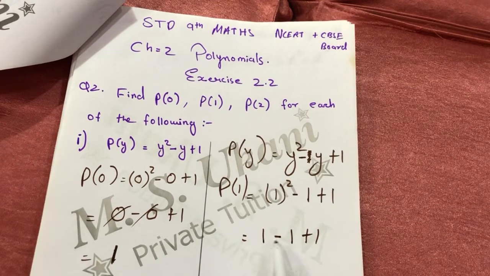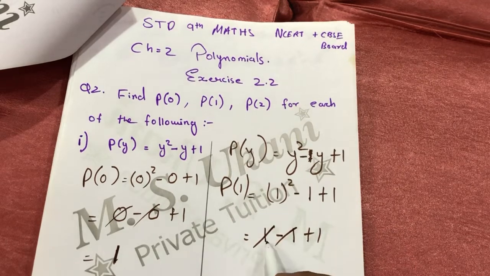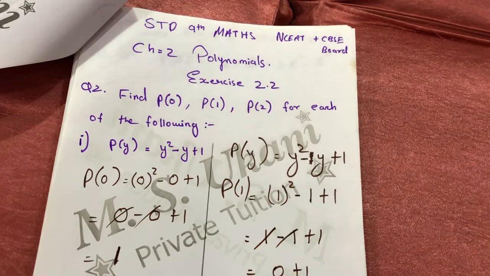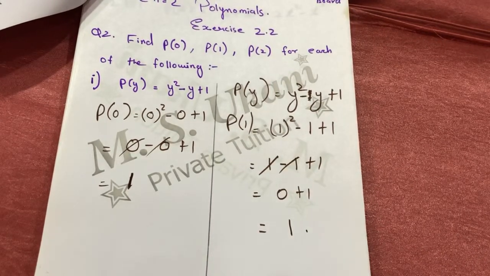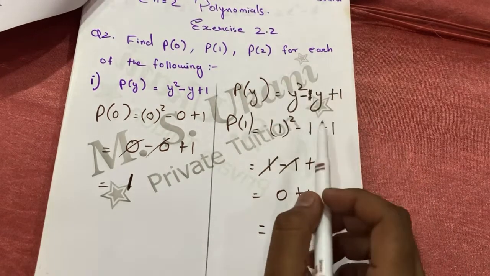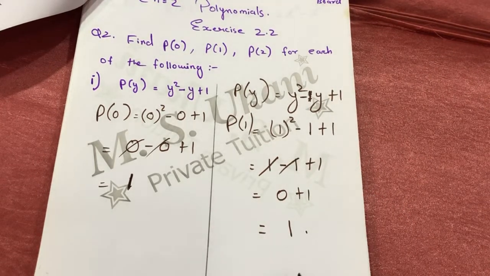Again plus 1 minus 1 will be cut, 0. 1 minus 1 will be 0 plus 1. So our answer will be 1. So when we put 1 in place of y, our polynomial answer will be 1.